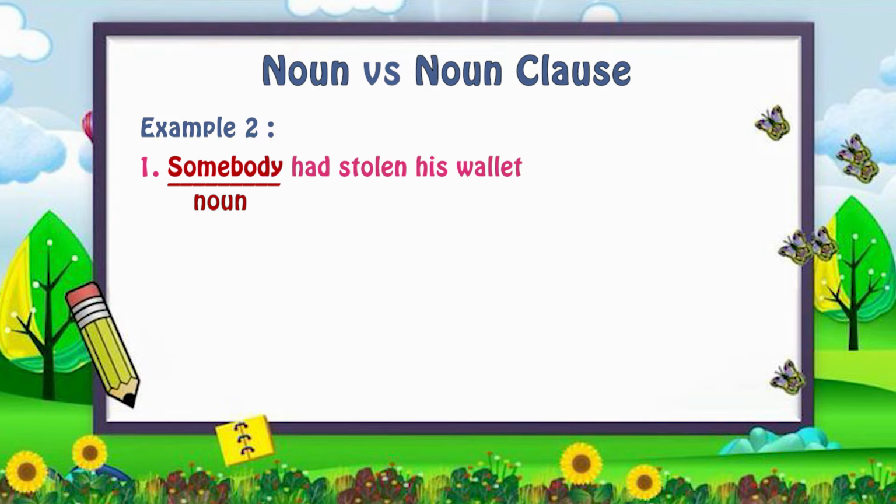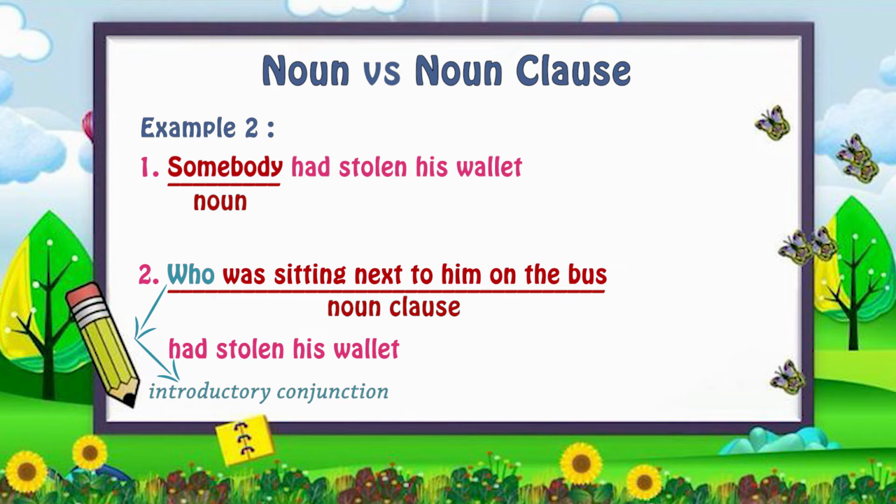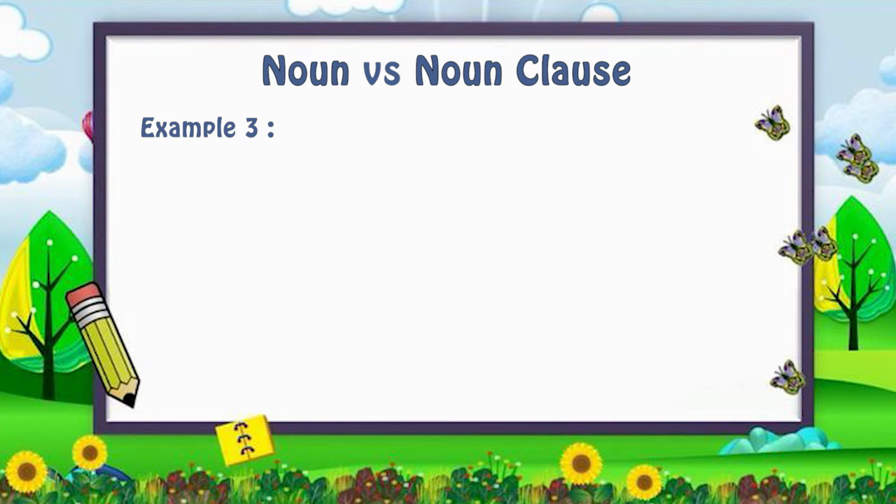So it becomes, who was sitting next to him on the bus had stolen his wallet. Pay attention to the underlined words, who was sitting next to him on the bus. So this is the noun clause to replace the word somebody, which is a noun.